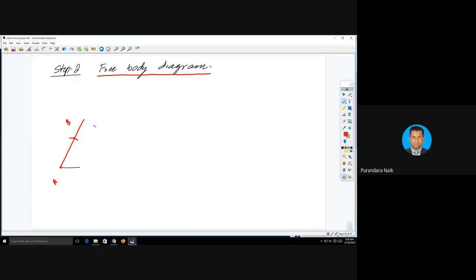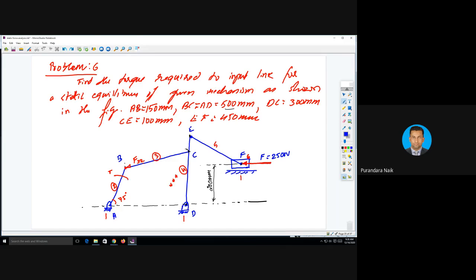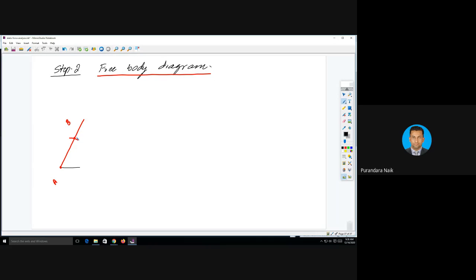At this point, we have a force. At what angle? You measure this angle first. We'll take it as theta. Measure the theta and draw the line like this. I don't think it is a very large angle. It is F32, due to link number 3 on link number 2.